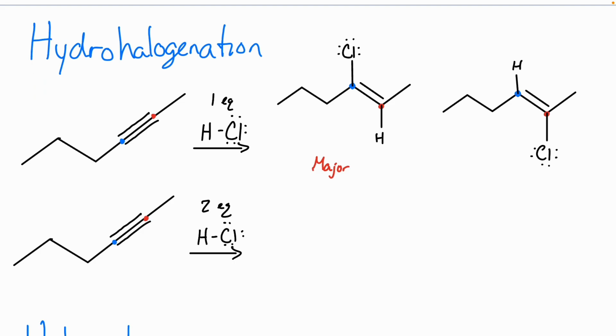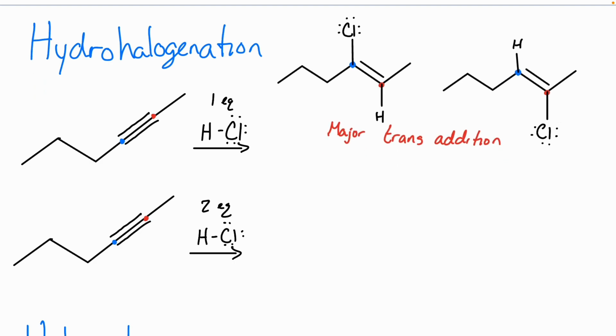Our major product is the trans addition. But remember, because of the stereochemistry of our alkenes, we could also have the cis addition product.